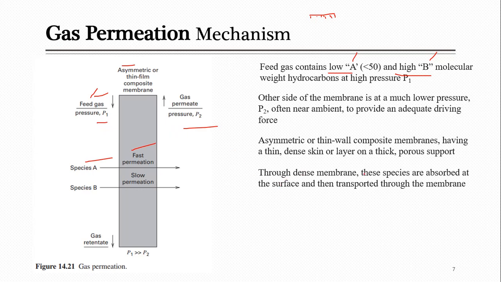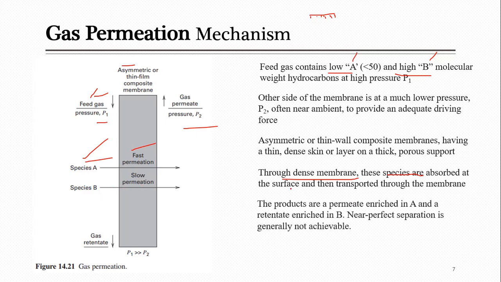Through the dense membrane, some species are absorbed and can easily pass through, those which are allowed to pass, like species A, while others can't pass through this membrane, or a very small amount of those species will pass through. So at the end of the day, when you look at the separation, your permeate will be enriched in A, containing A in large amount, while the retentate will have B components in large amount.